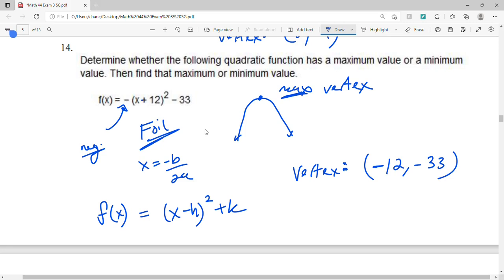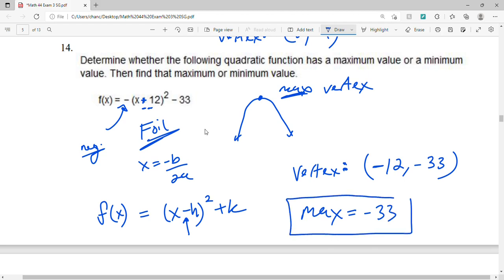This is a positive, so again, you could pretend this is a double negative, and whatever is after that negative represents the h. So our h is negative 12, our k is negative 33. So what is our maximum? The maximum is negative 33. Again, the maximum represents the highest output.